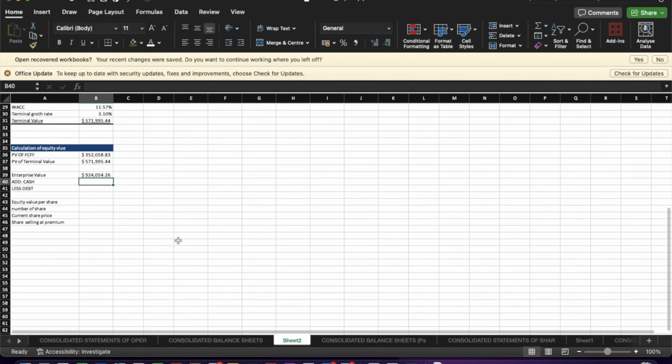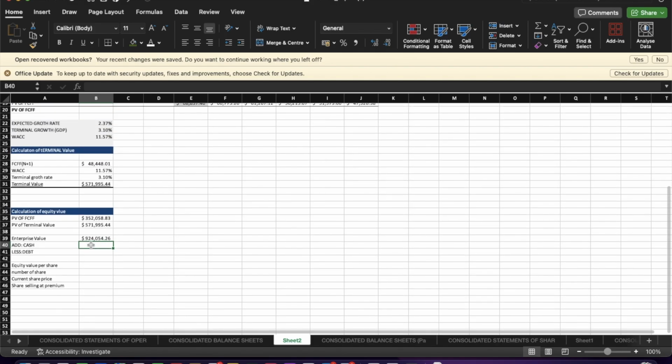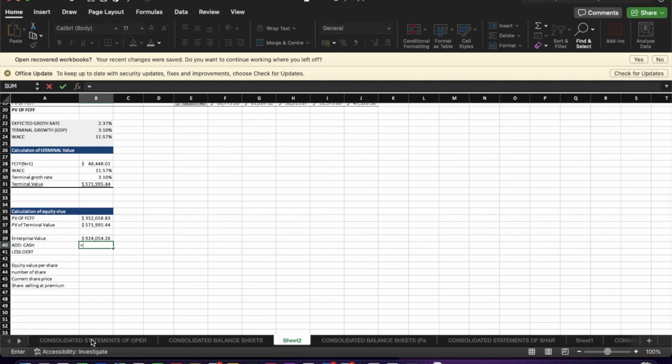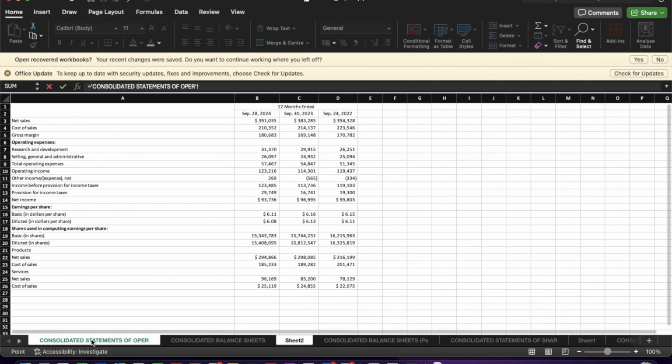Here you go, we can see 924,054 million for the Apple Company Limited. And then what we need to do, we need to add the cash and less the debt.